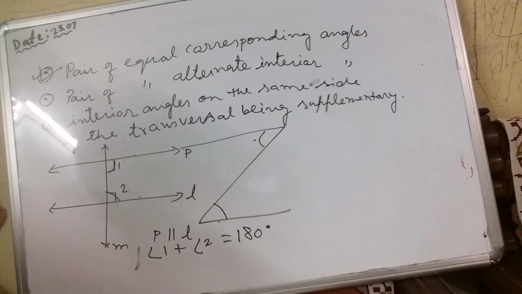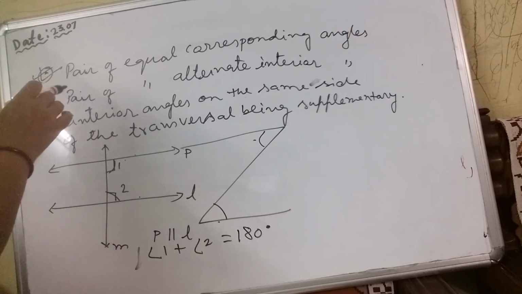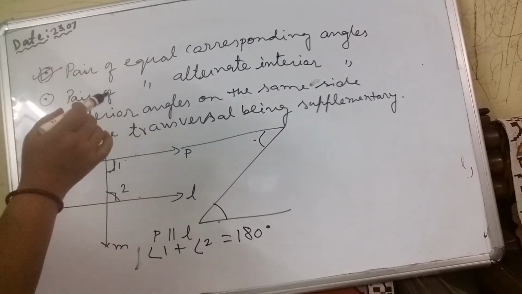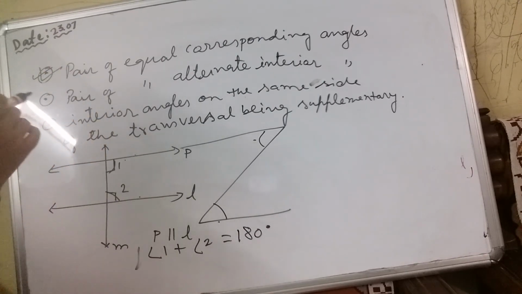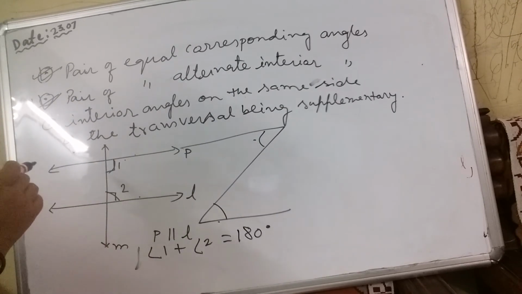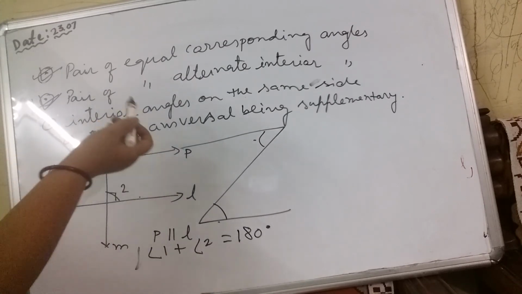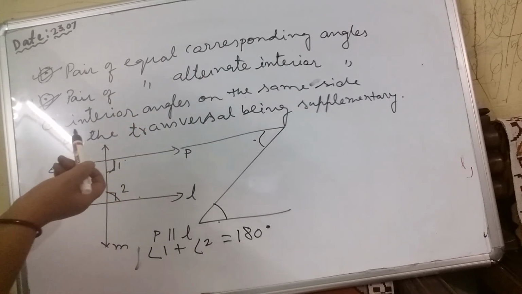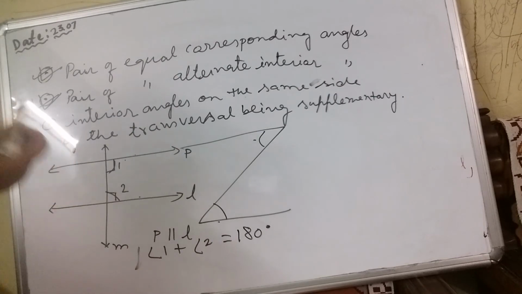If you can prove a pair of alternate interior angles are equal in measure, then those lines will be parallel. And if you can prove that interior angles on the same side of the transversal are supplementary, then those two lines must be parallel.